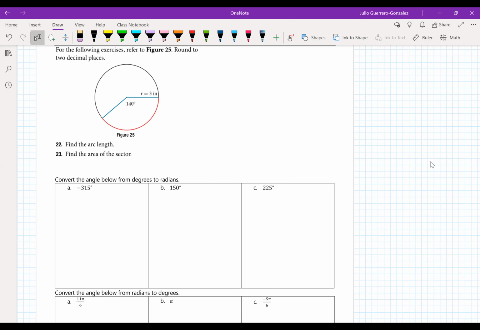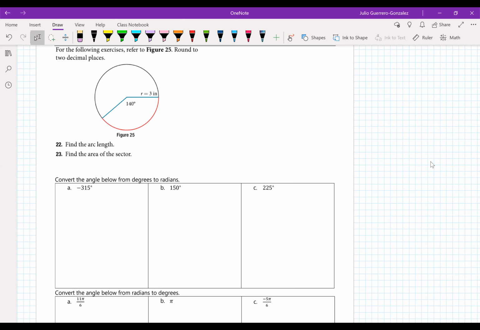Wait, but I'm confused. Then I get 2 pi over 3. And isn't it supposed to be pi over something? Well, do the multiplication out.